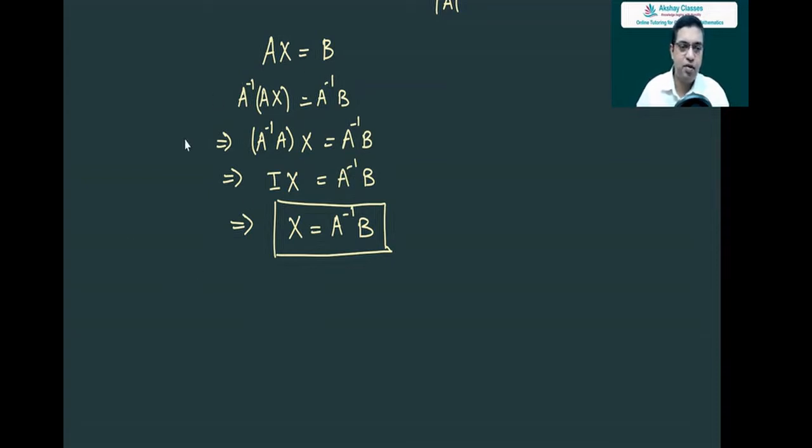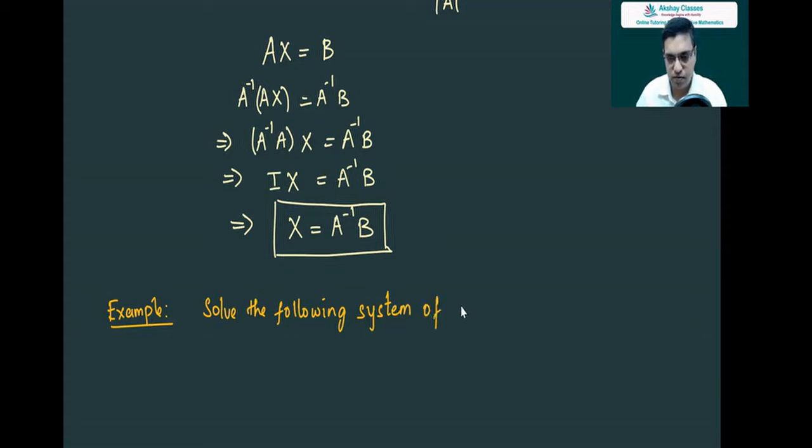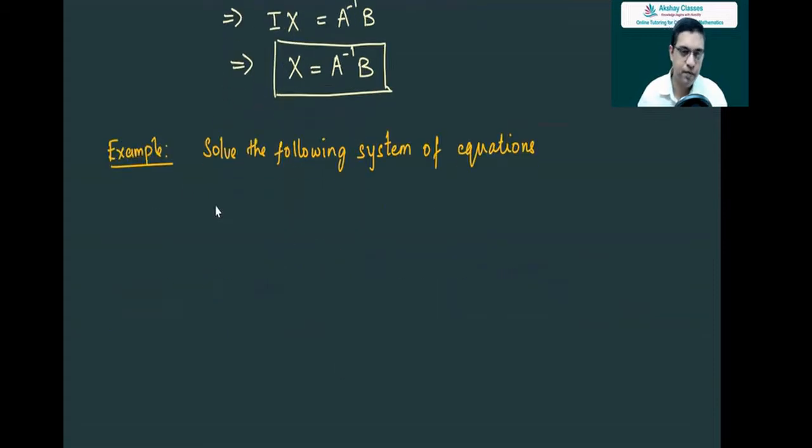So let's take an example on this. Solve the following system of equations. So we have 3x plus 4y plus 5z is equal to 18.